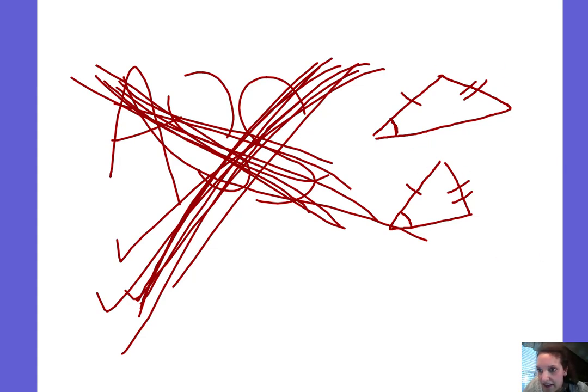I can basically take this third side right here and swing it in like this and create 2 triangles. So I have this big triangle right here, and then I can have this little triangle right here. And they have 2 pairs of corresponding sides and 1 pair of corresponding angles that are congruent, but these triangles are definitely not congruent.